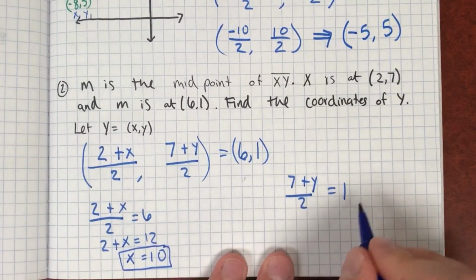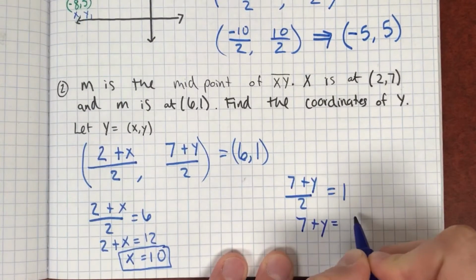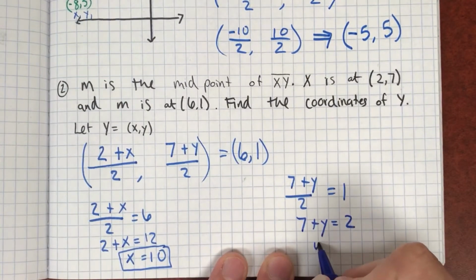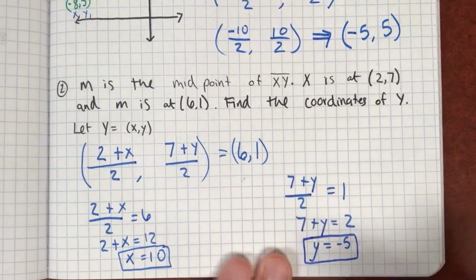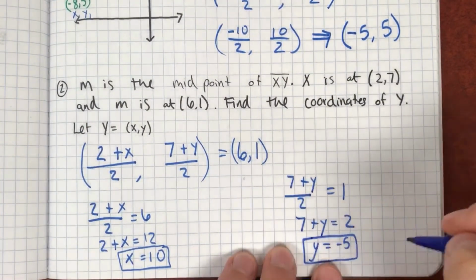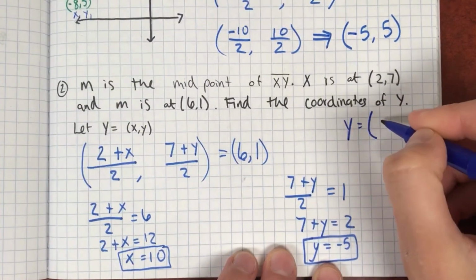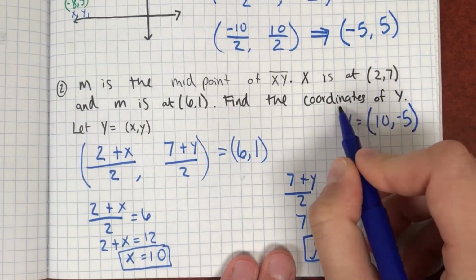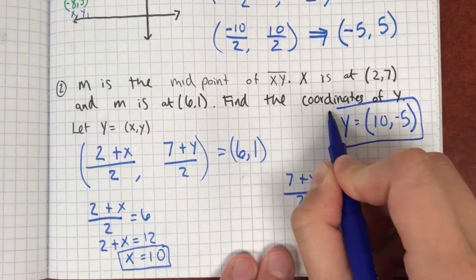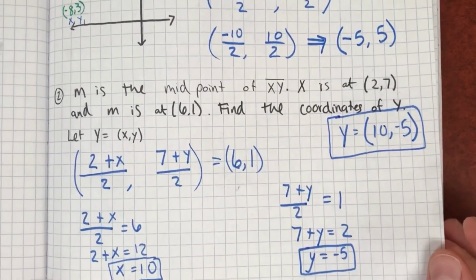Over here, multiply by 2 on both sides, so I have 7 plus y equals 2, and then y equals -5. And so my other endpoint is going to equal 10, -5. So here we're just finding an endpoint based on knowing one endpoint and the midpoint.